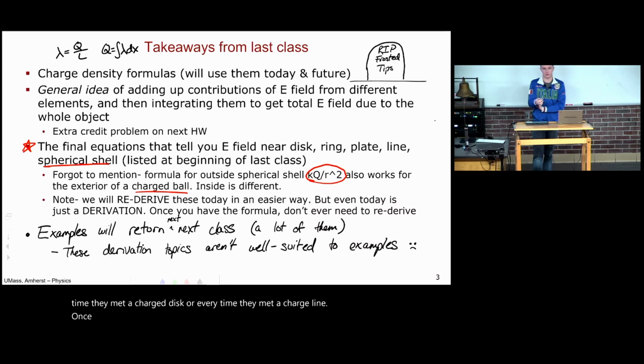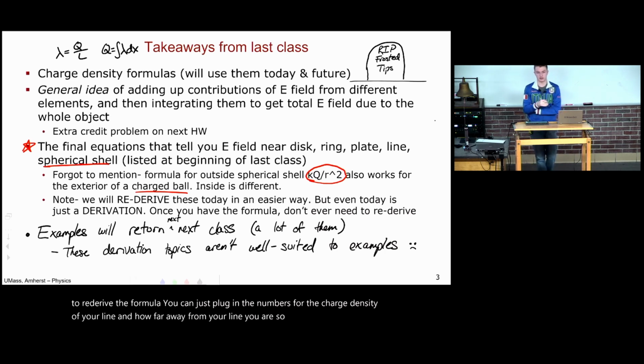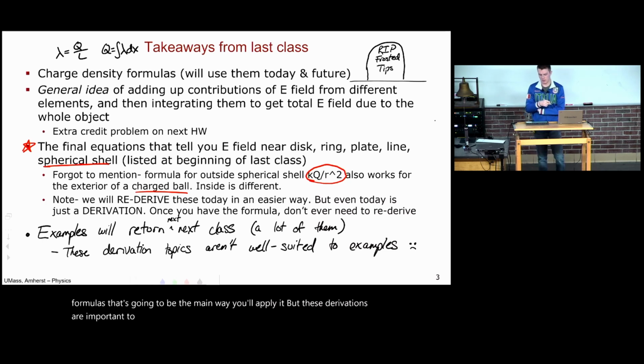Once you have the formula for the electric field near the object, you never need to re-derive the formula. You can just plug in the numbers for the charge density of your line and how far away from your line you are. So once you have these formulas, that's going to be the main way you'll apply it. But these derivations are important to know, especially the ones from last class, but also the ones from this class. The general method of the derivation is highly applicable to other topics.